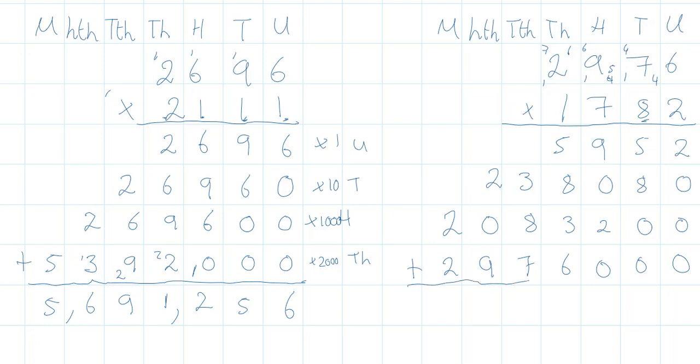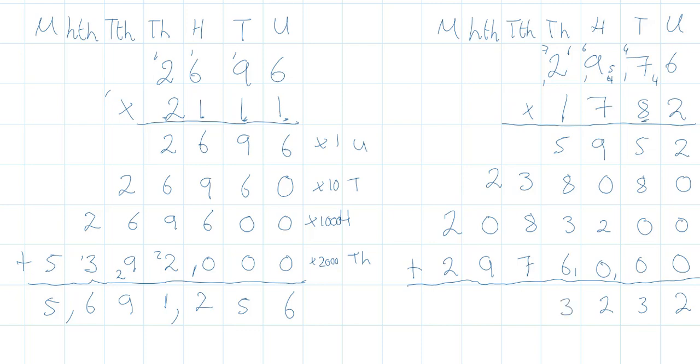Now all I have to do is add my sums together. Remember, I have them stacked, so it makes my addition quite simple. So 0 plus 0 plus 0 plus 2. 8 and 5 is 13. Put down my 3 and carry my 1. 1 and 2 is 3 and 9 is 12. Put down your 2 and carry your 1. 6 and 1 is 7. And 3 is 10. And 8 is 18. And 5 is 23.